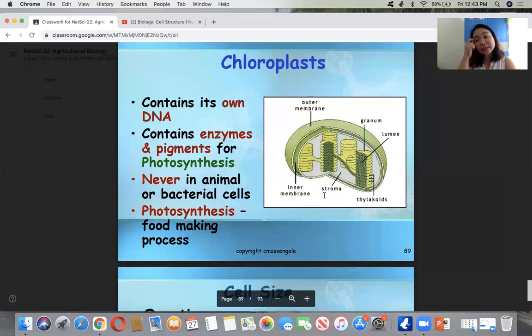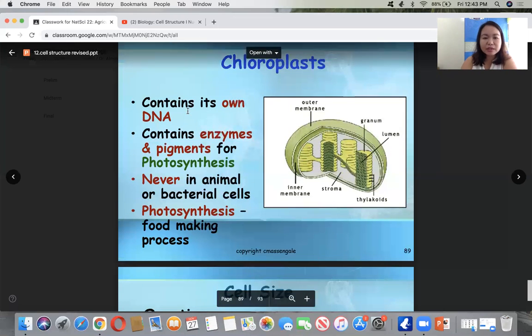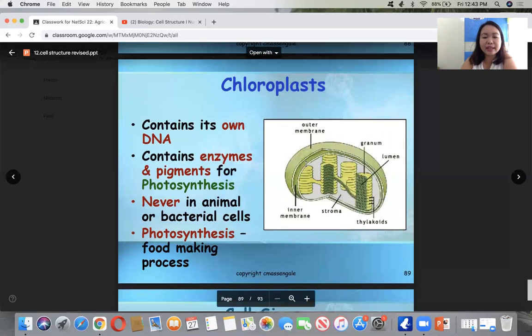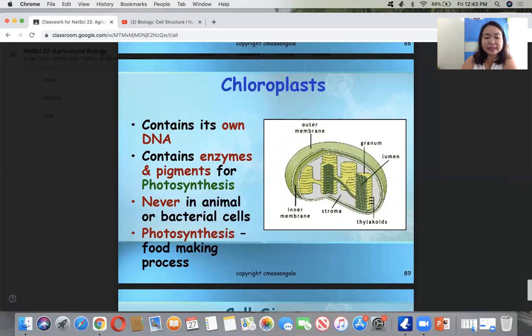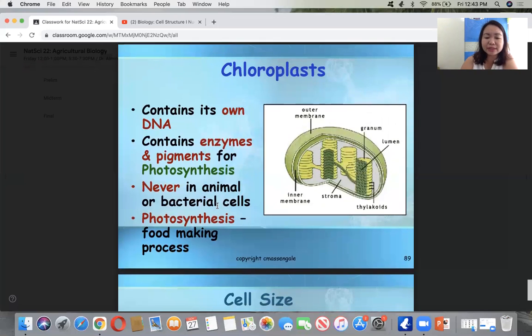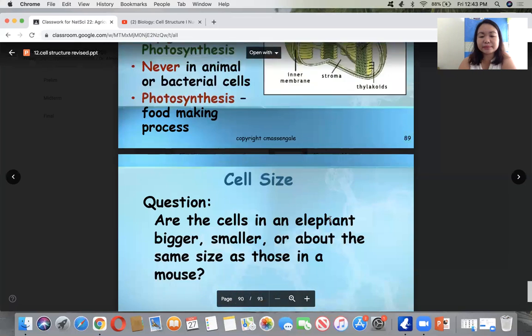Each of these parts has its own function. Chloroplasts contain their own DNA, enzymes, and pigments, mainly for photosynthesis. They are not found in animal and bacterial cells, and only plants can do photosynthesis, the food making process.